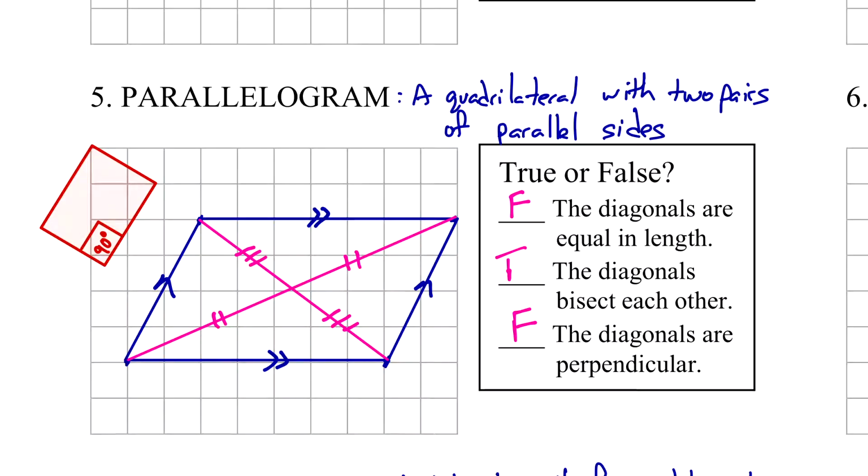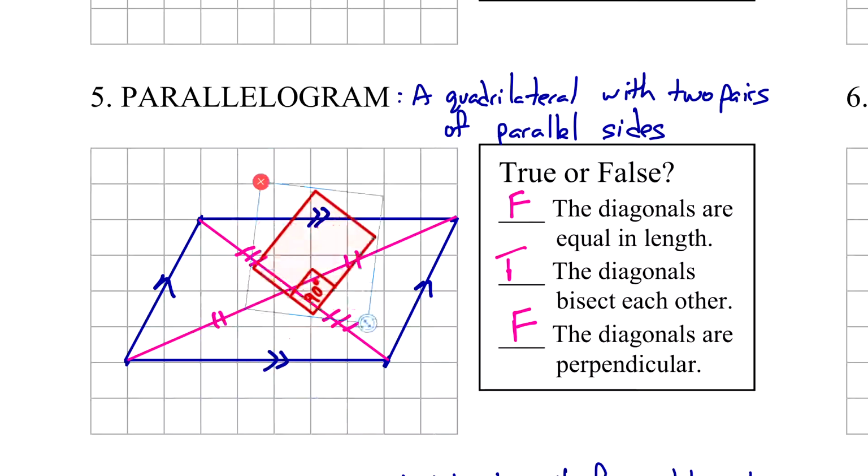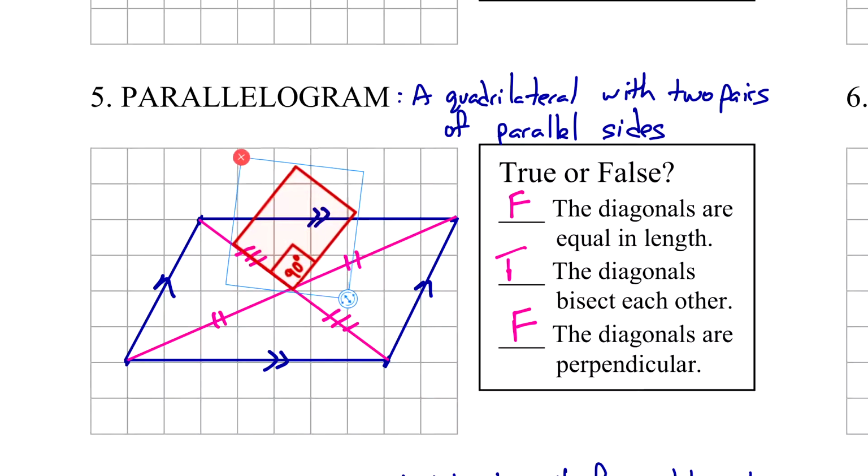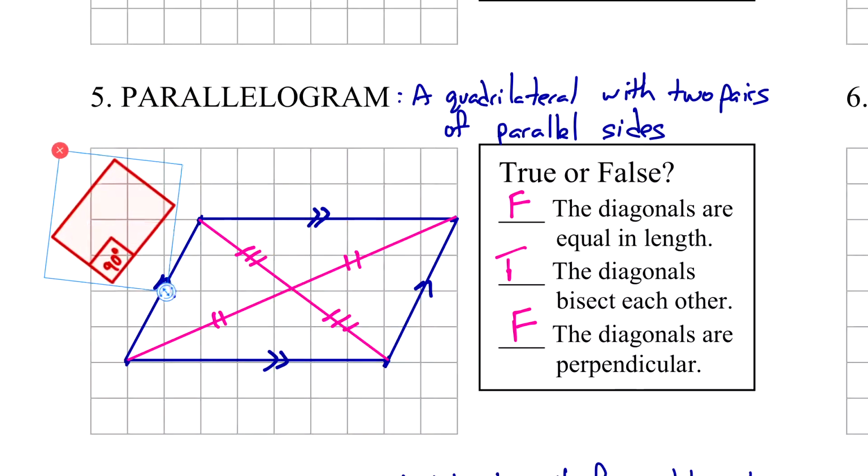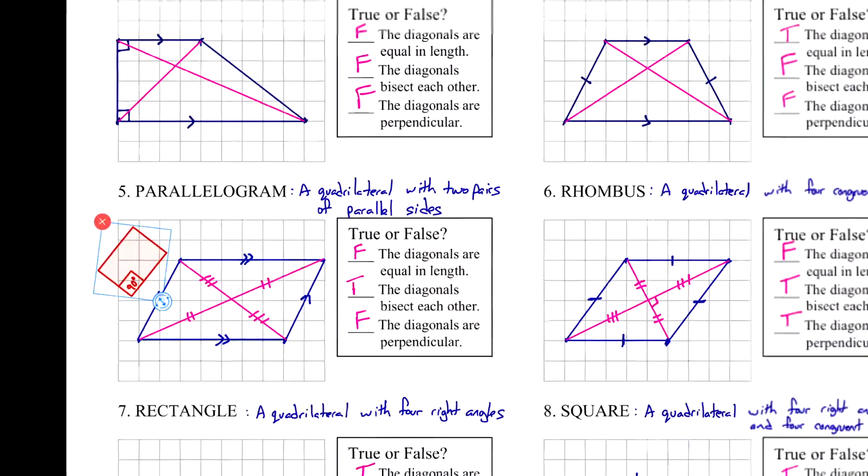And it doesn't look like it's perpendicular. I could test that one out for you as well. Let's see. Yep. So that is bigger than 90 degrees, right? So definitely that's bigger than 90 degrees, and that one's smaller. So that parallelogram is not perpendicular.